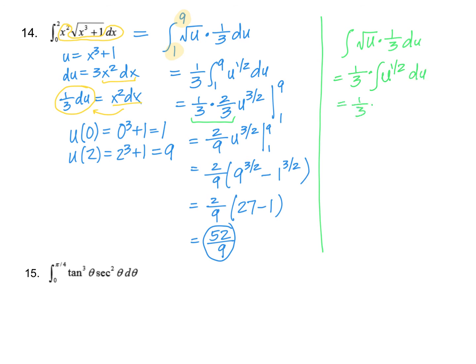And the antiderivative of u to the 1/2, again, is 2/3 u to the 3/2. And normally it's plus c, but now I'm going to replace things back. So I have 2/9, and instead of u, I'm going to replace u back with x cubed plus 1. If you do that, then you can use the original limits of integration, because now I'm dealing with x again.